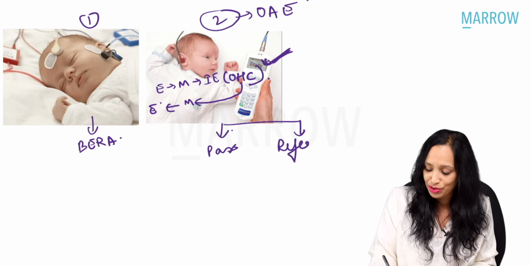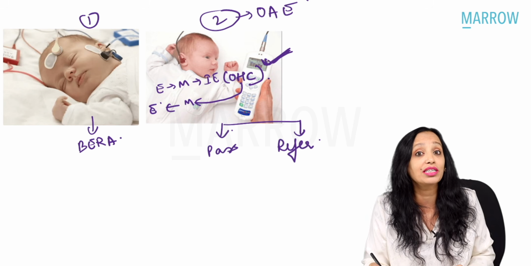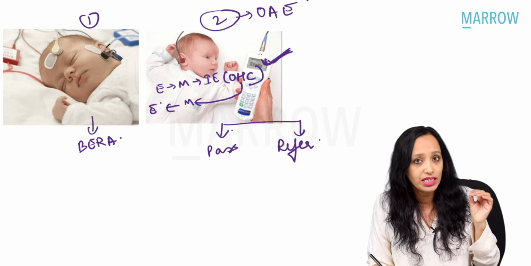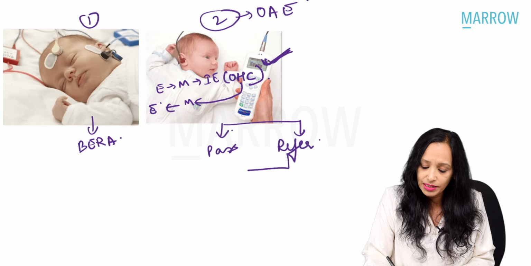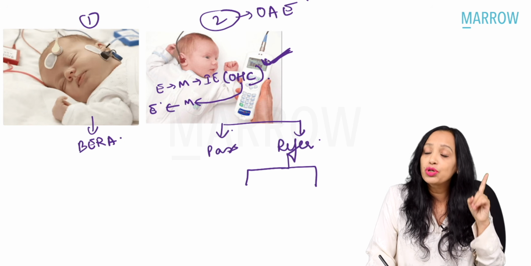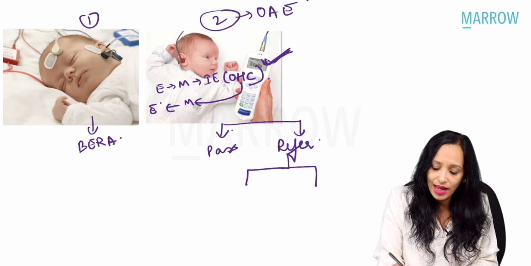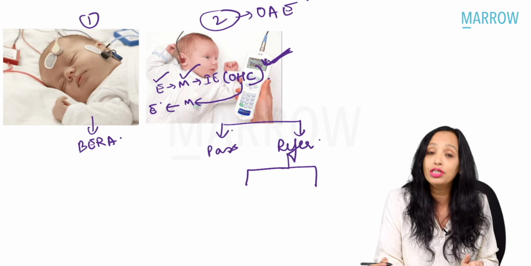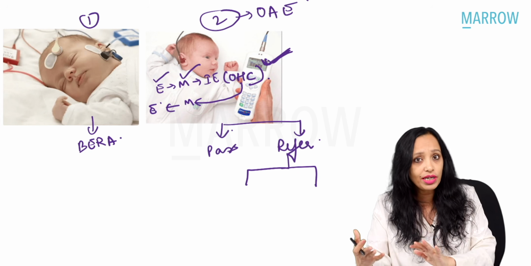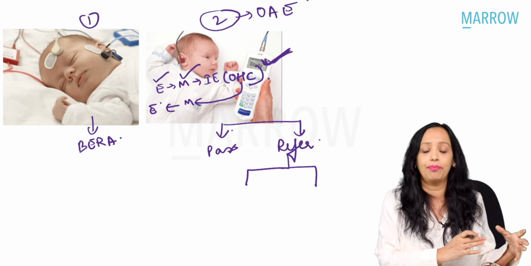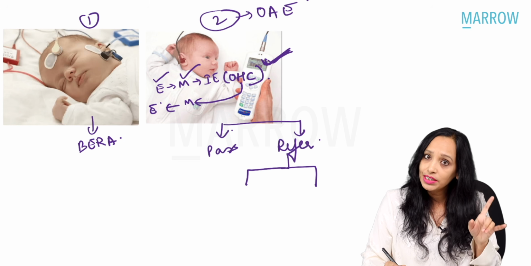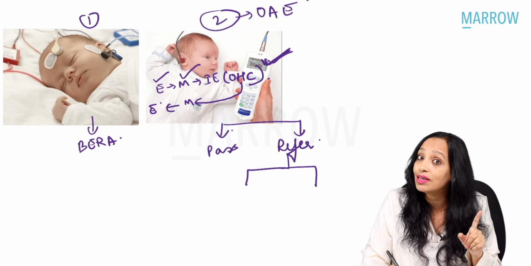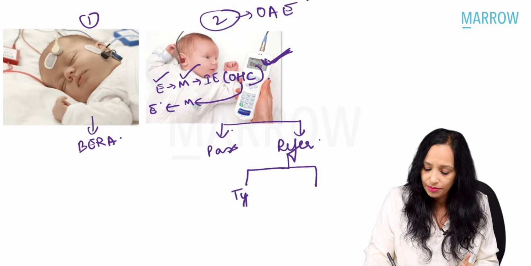That is again another question of your exam: when you get a refer, it is refer for what? It is refer for 2 things. The first thing is you have to be sure that the sound has reached the inner ear, which means the external ear and the middle ear are normal. Only then will the sound reach the inner ear and come back. So the first thing is you test the middle ear, and the test for that is tympanometry.